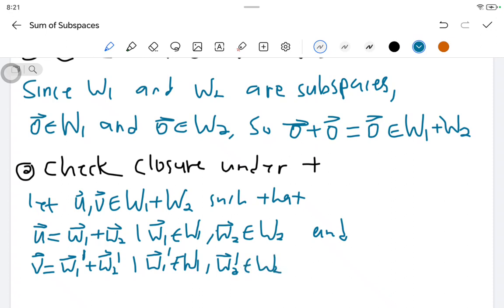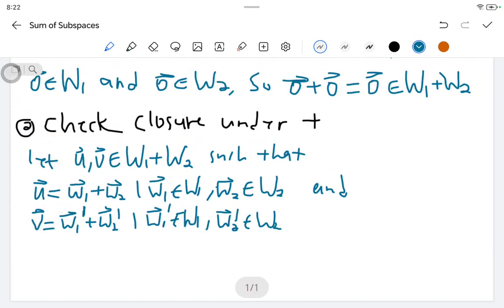So since I picked these, I can now add them.